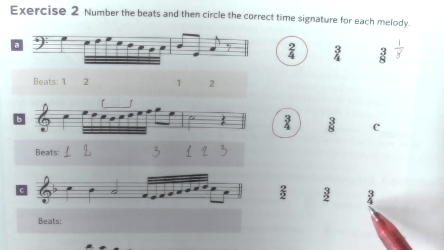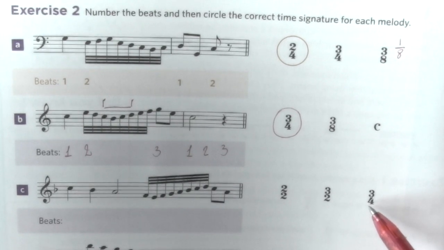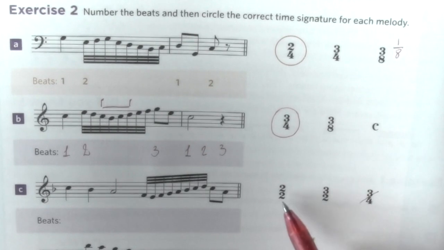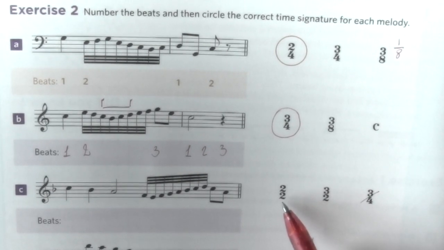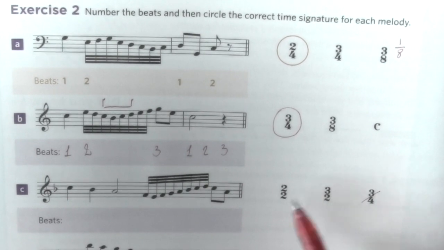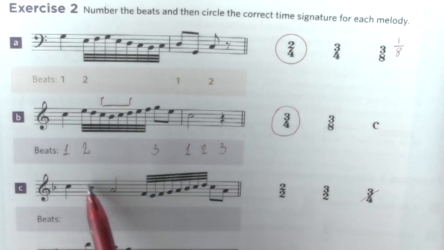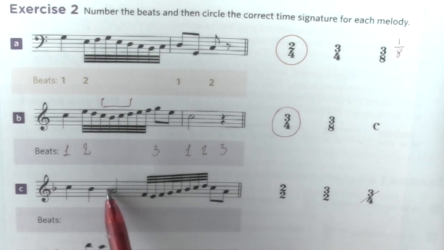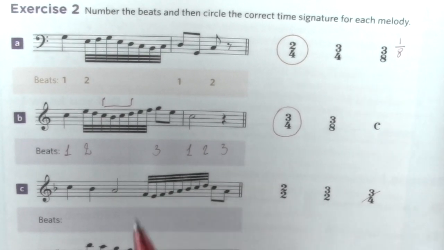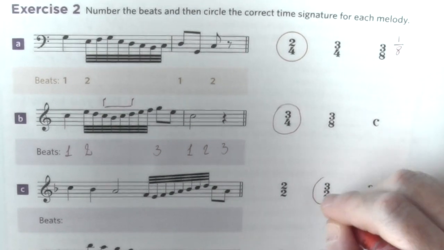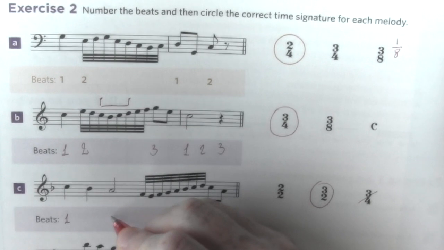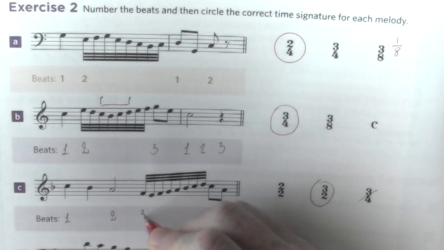You can exclude 3/4 because we have 6 crotchets, so it is impossible. We can exclude 2 halves because we don't have 2 minims. But how many minims do we have? 1, 2 and 3, 2 crotchets together. So this is 3 minims in a bar, and the counting is every minim. So 1, 2 and 3.